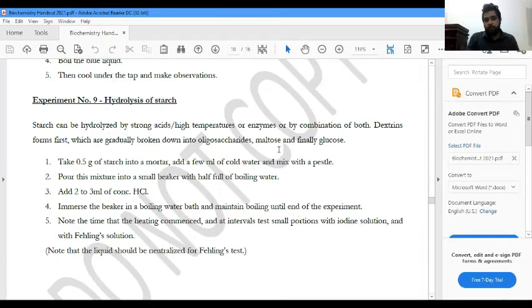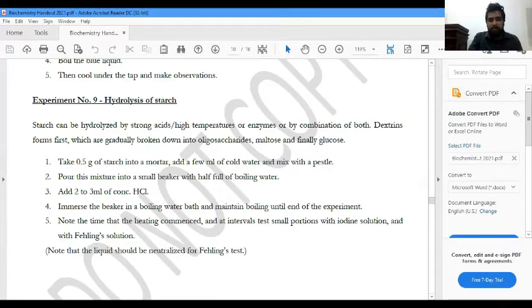Then you know that starch is not a reducing sugar, but maltose and glucose are reducing sugars. So if we use the Fehling test, starch will not give a positive result, but on the other hand, maltose and glucose will. Okay, so in this experiment we test that property.